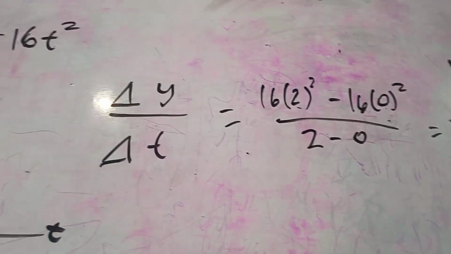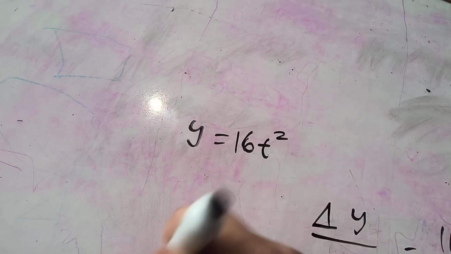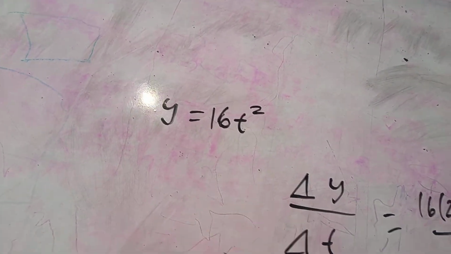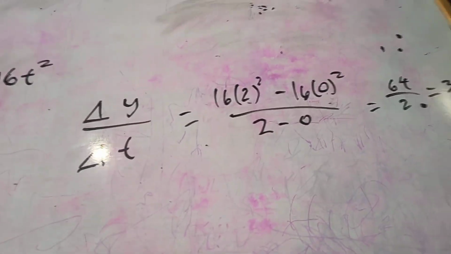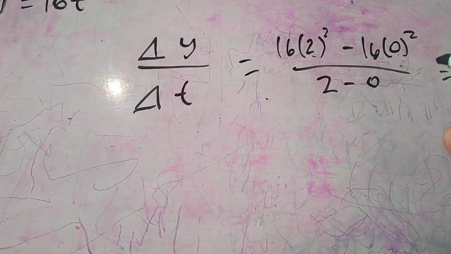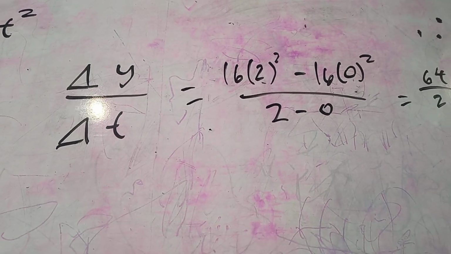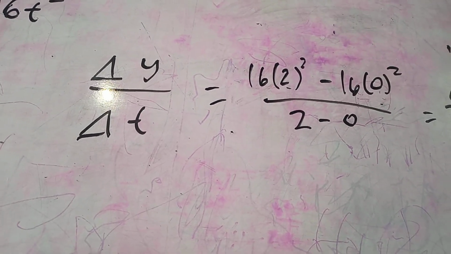Not how fast was it going over the whole interval on average. Okay, to try to find that, we could say, if we want to find out 2 seconds, we can take the average speed of 2 seconds plus a little increment.